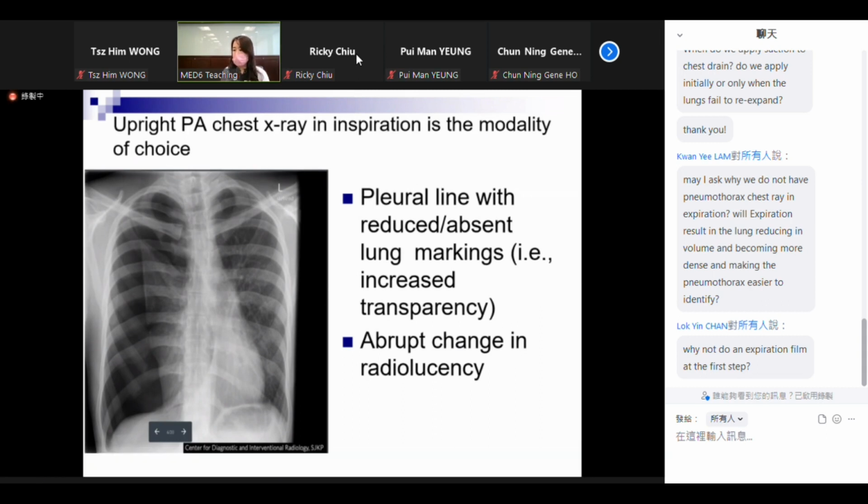But if the patient presents with sudden onset of chest pain and shortness of breath and you are suspecting pneumothorax at the first phase, then you can do the expiratory film at the first step. You can. Just the standard inspiratory chest X-ray in a PA film, or doing an inspiratory and expiratory at the same time is good as well.